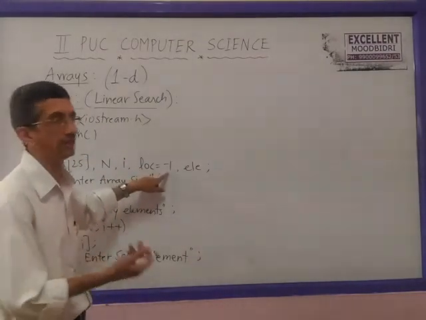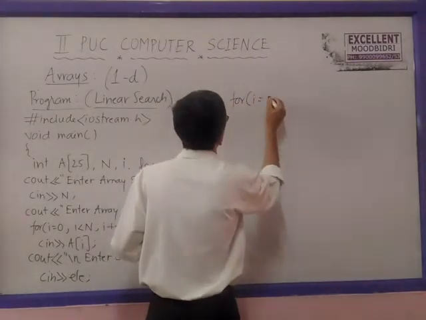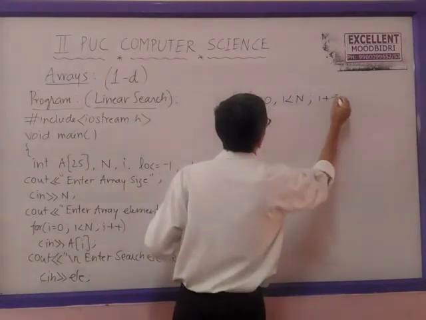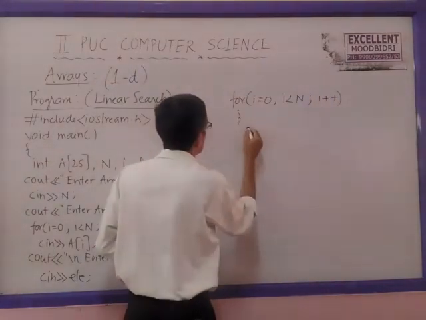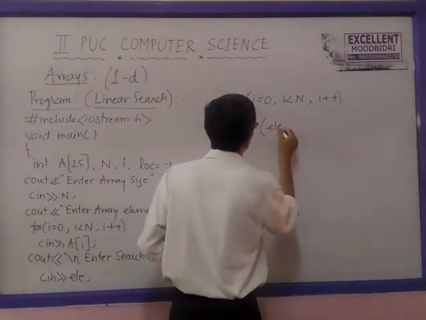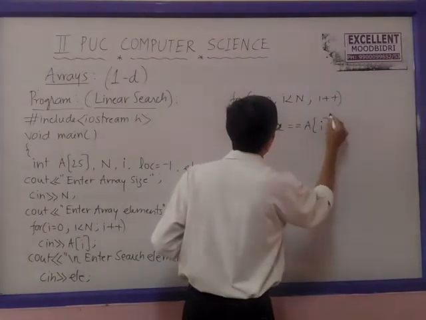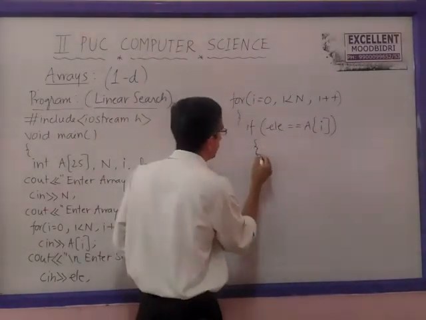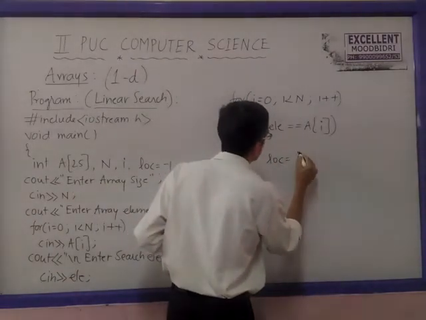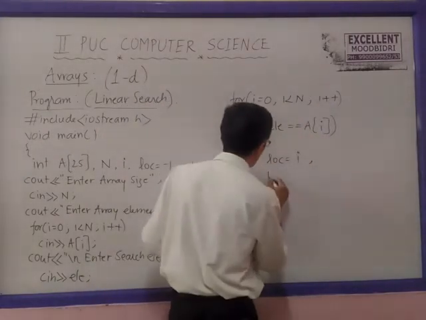Already I have initialized it, so let us start with the for loop. for i = 0, i < n, i++, if element is equal to A[i], then location is equal to i, that index, and break.